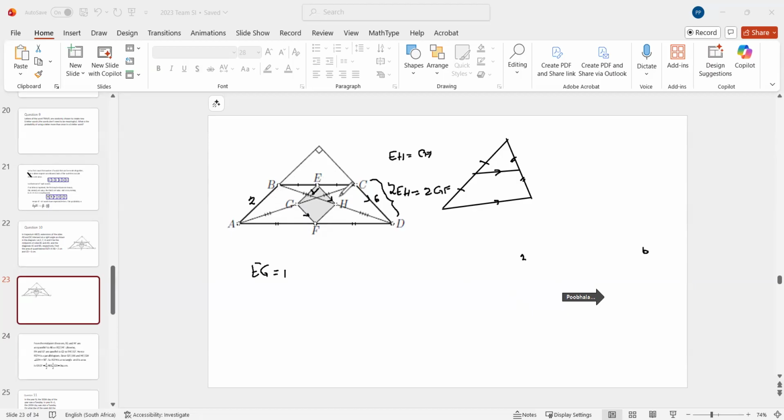And similarly, EH, this whole thing is 6 here, so EH will be 3. EH is half of this, which is 3. So you got the two adjacent sides of this rectangle. One of them is 1, and the other is 3.